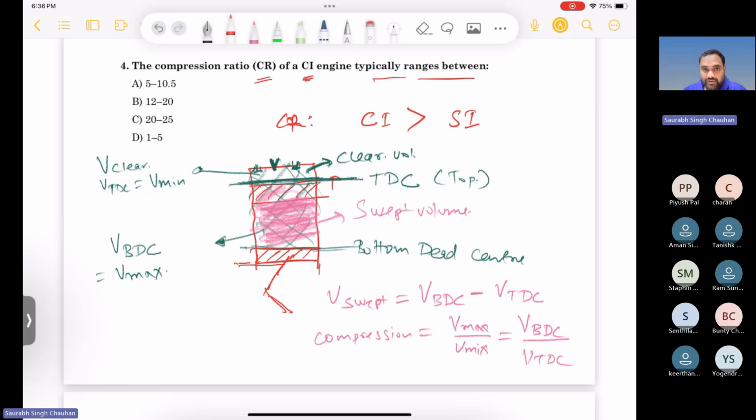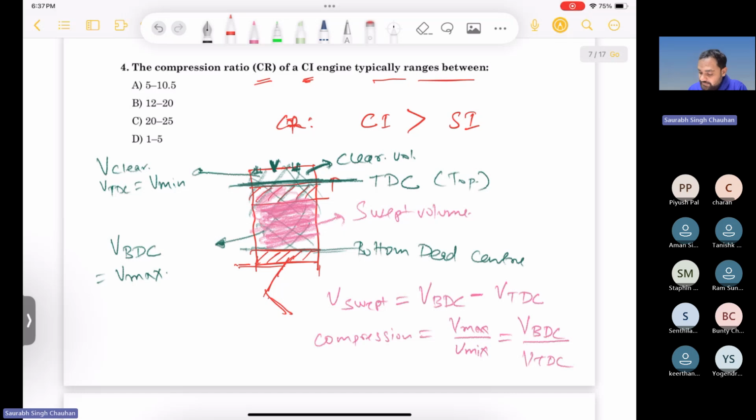More compression ratio provides you more efficiency. So usually diesel engines or the CI engines are more efficient than the SI engine. So most of the heavy duty machinery, for example, your tractors, your JCB or bulldozers, most of them are using CI engine, right?